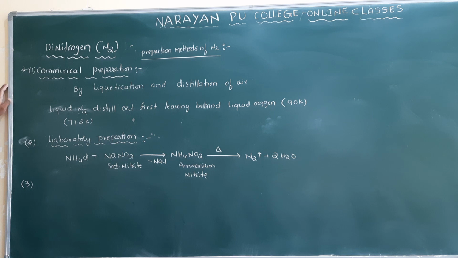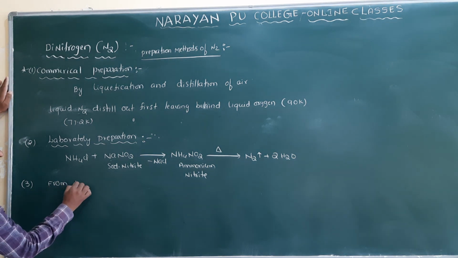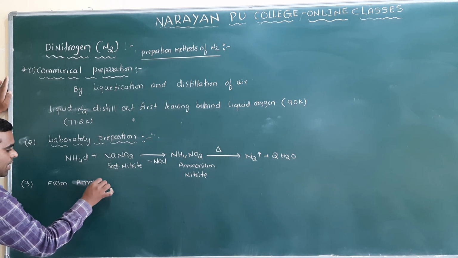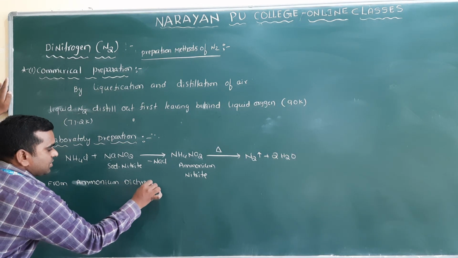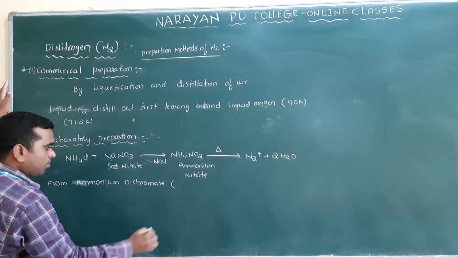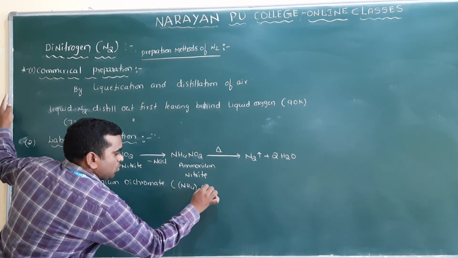Third preparation is from ammonium dichromate. What is the ammonium dichromate formula here? Potassium dichromate you already know, K2Cr2O7.